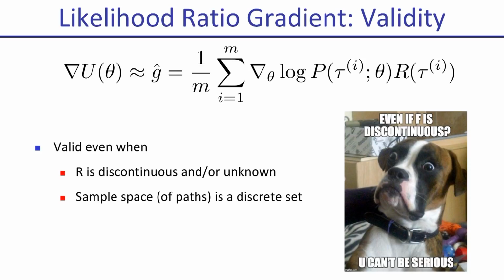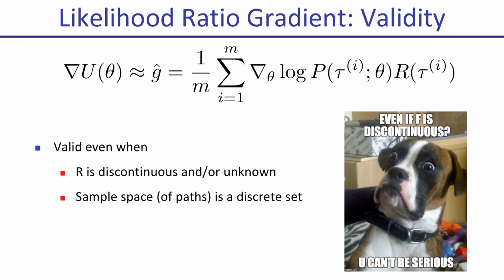It also works when you have discrete states and actions. Typically when you think about derivatives, you think we need to take the chain rule through things, derivative of this with respect to that, and so forth. If actions are discrete and states are discrete, it might be difficult to do. This kind of derivative works out just fine. So that's really nice.